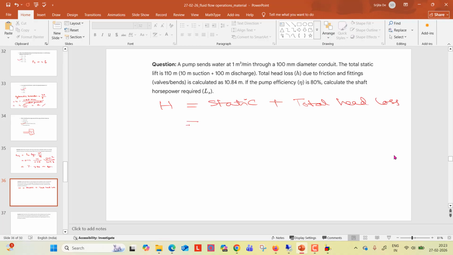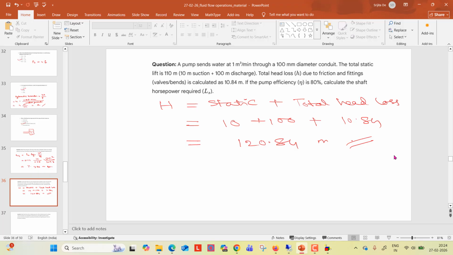Static loss is 100 plus 10, right? 10 is for suction, 100 is for discharge, and total head loss is given as 10.84. So summing this up, it will come as 120.84 meter. This is the total head.